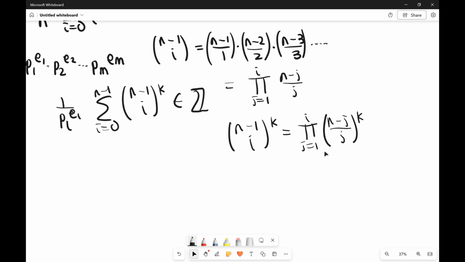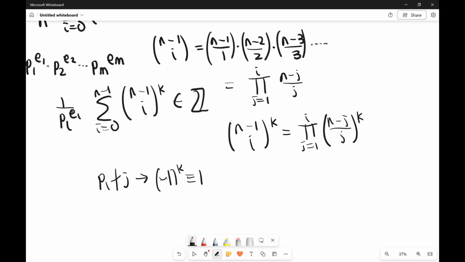Then if j is not divisible by p, so if p_l does not divide j, then j has a modular inverse modulo this number here, which means that since n is divisible by that number, this just evaluates to negative 1 to the k, which is just equivalent to 1.